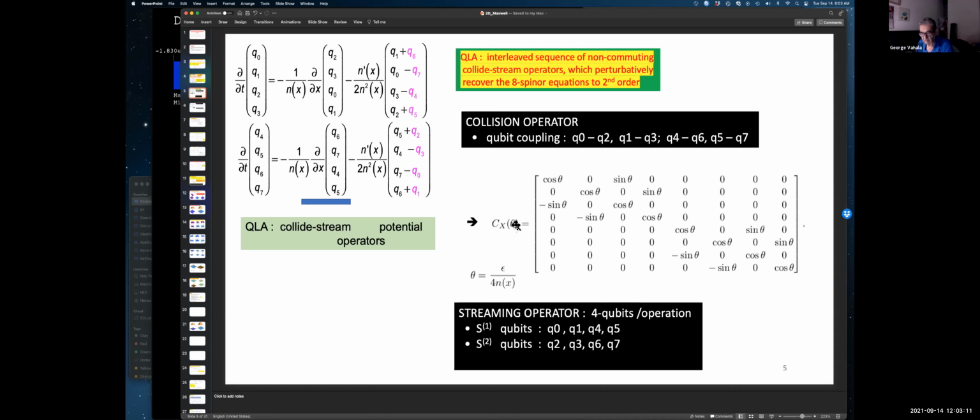And theta is your collision angle, and the choice of it will depend, of course, on the coefficient in front of the derivative. And we introduce a small parameter epsilon because it's a perturbation theory. The streaming operator we do in steps when we have this interleaving of the collide-stream. And so we will stream qubits 0, 1, 4, 5 at one instance in the sequence, and then the remaining 4 in the other sequence.